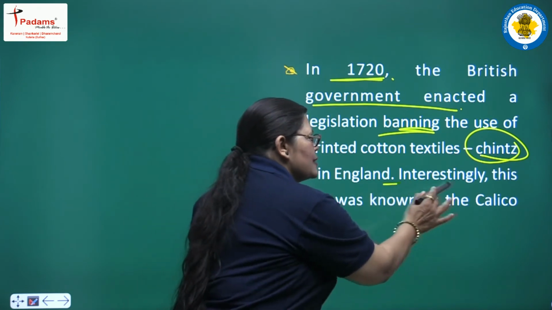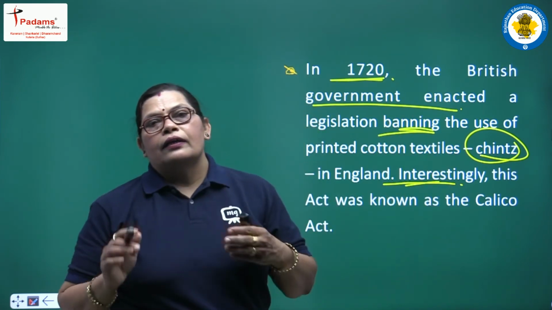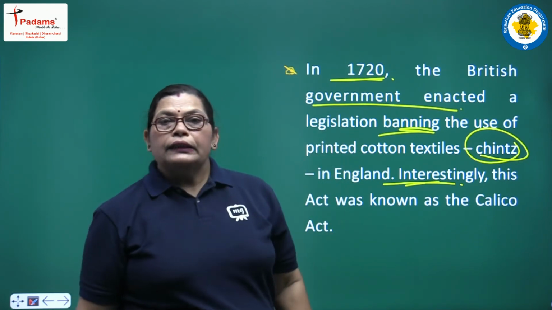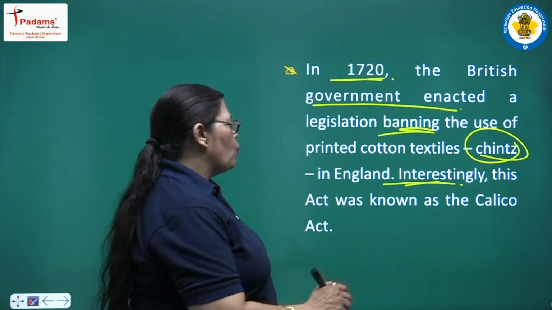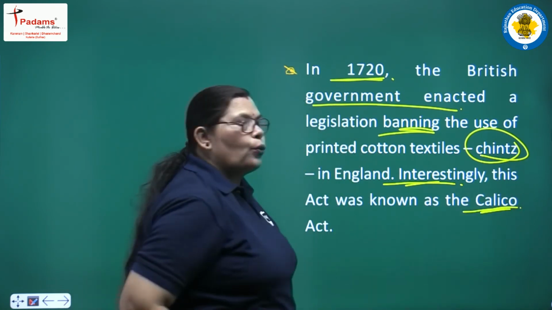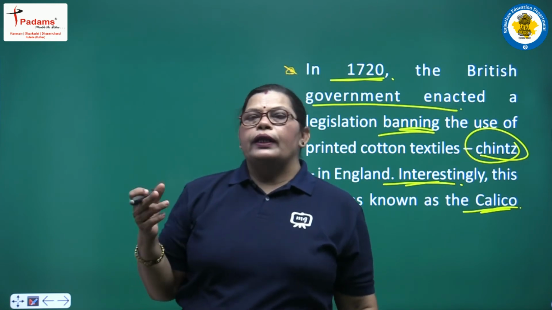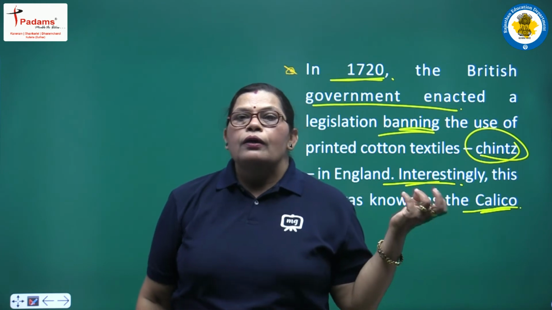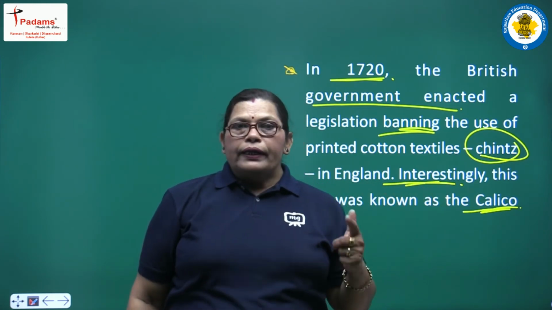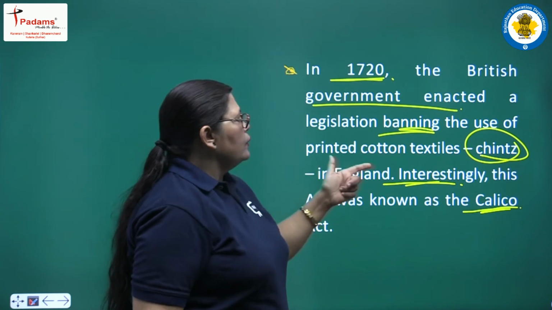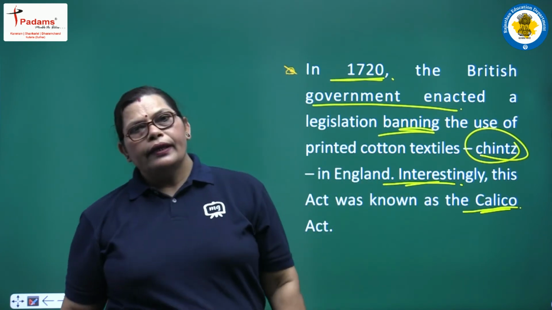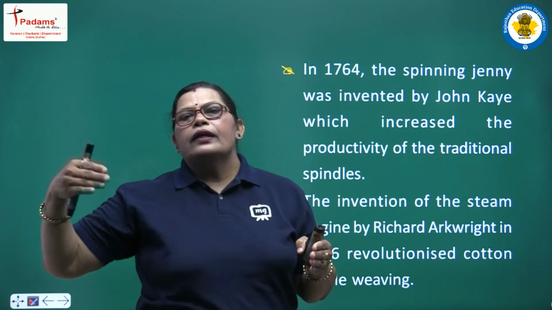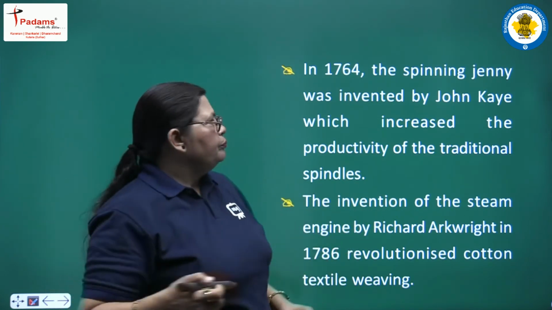Interestingly, this act was known as the Calico Act. So calico is not only the name of Calicut, not only the name of the good quality fine cotton textile, but also the act known as the Calico Act in England. So we had different calico words with different uses at different times.